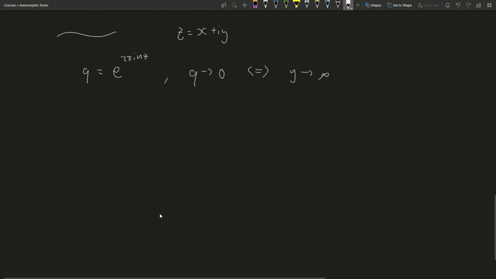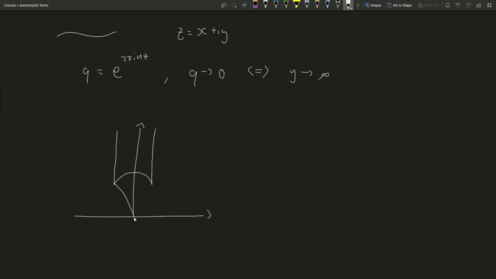So if we think about our fundamental domain, so maybe we have this piece that's like the SL2 fundamental domain, and then maybe we have some other cusp, etc., etc. What we're saying when it's a cusp form is that as we take the imaginary part to infinity, we get that our function is going to 0. So it's saying that it vanishes at the cusp if it's a cusp form.